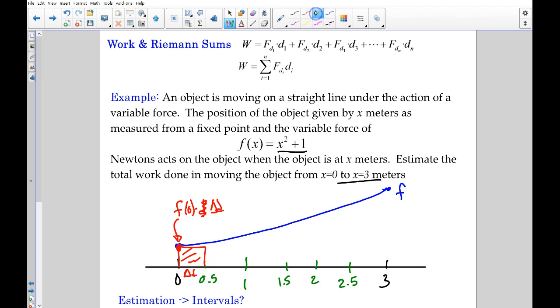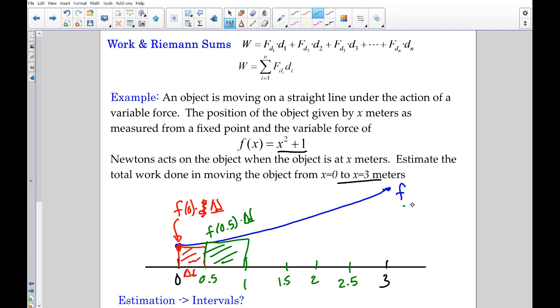Repeat that process here. So evaluate the force at 0.5 multiplied by delta D. And so again, I'm taking these rectangles piece by piece to estimate the work done on the object, since the force is variable.